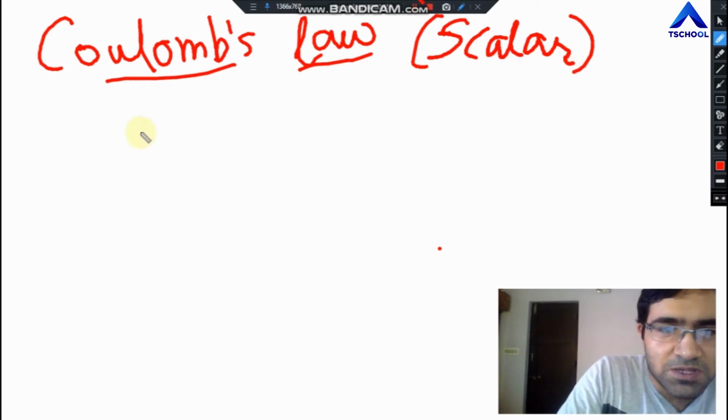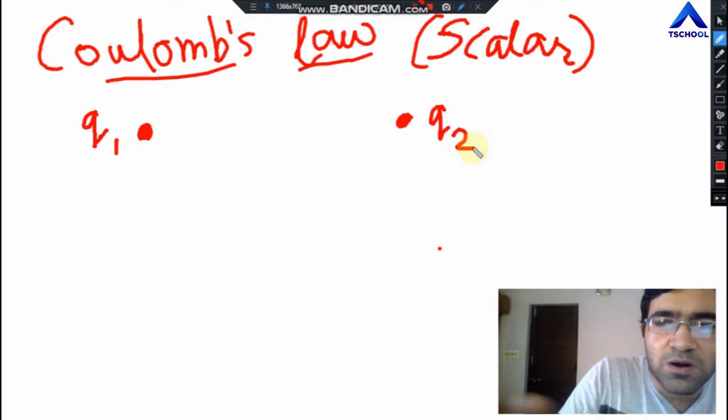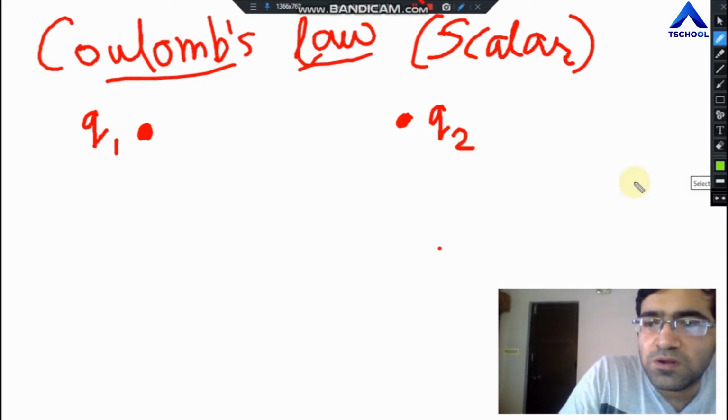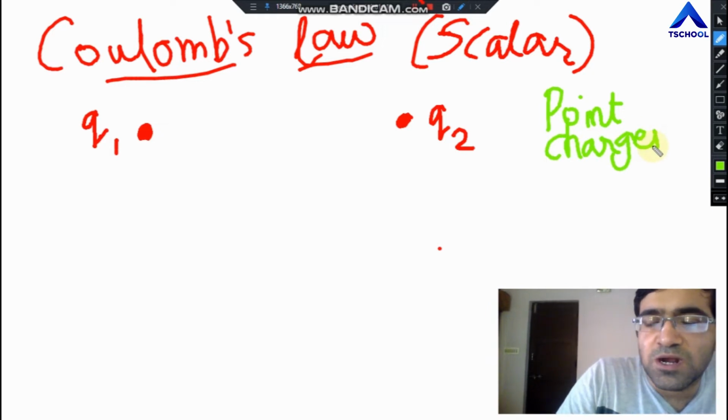So let's start. Suppose that there is one charge over here, Q1, and here is one more charge over here, Q2, and let's say that these two are point charges. Remember that Coulomb's law is applicable only when these charges are point charges.